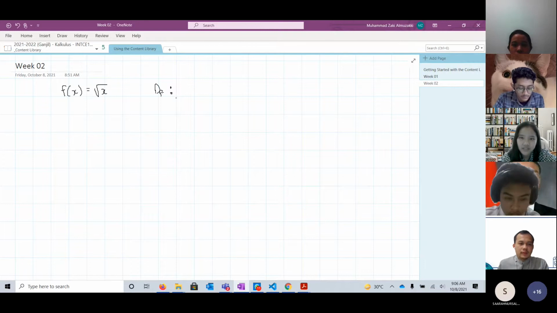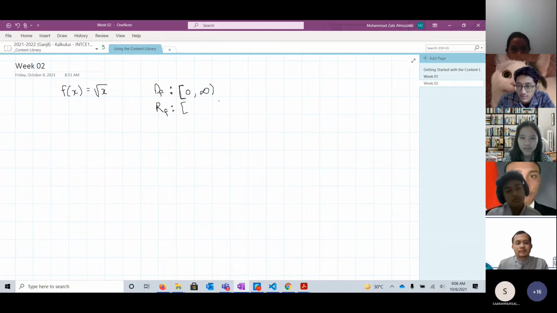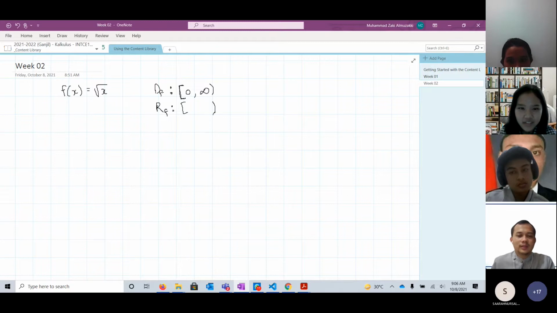From 0 to infinity. Okay. And the range of f? What is the range of f? Anyone remember? 0 to infinity. Also 0 to infinity, correct.